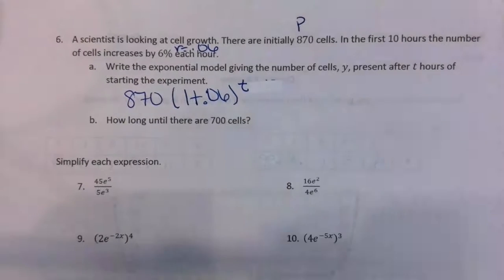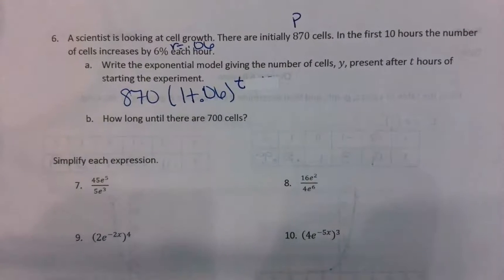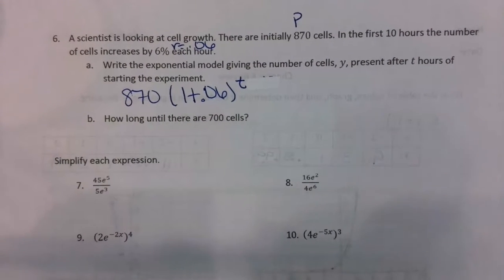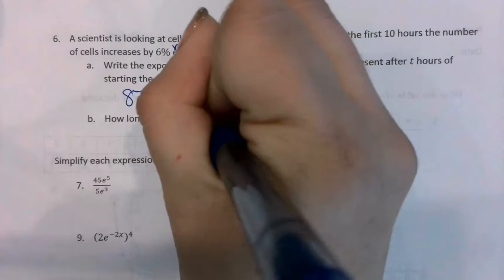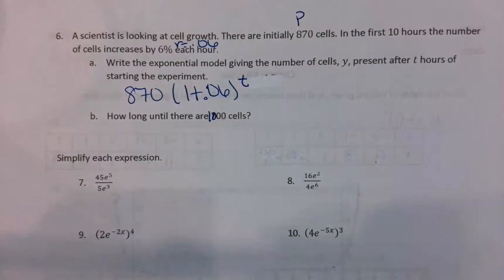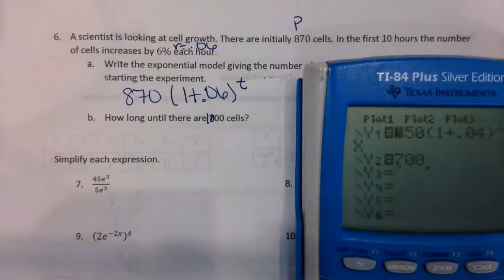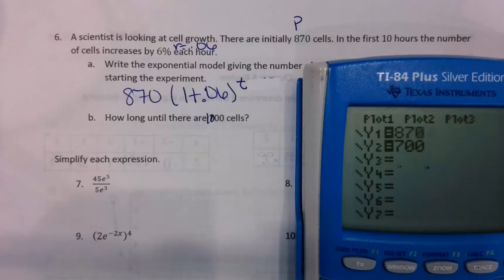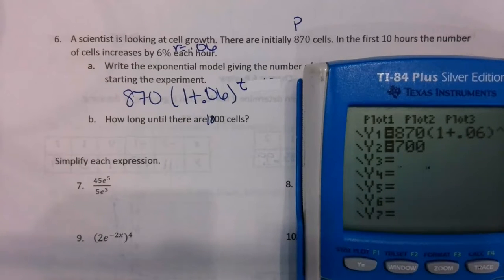Going back to this one that I was working on. Same thing. Why did I not change this number? I'll change it for you. It should be 1,000. Okay. So I want to go to y equals, I want to type in this equation, 870, parentheses 1 plus 0.06 to my exponent. And then this should have been 1,000.